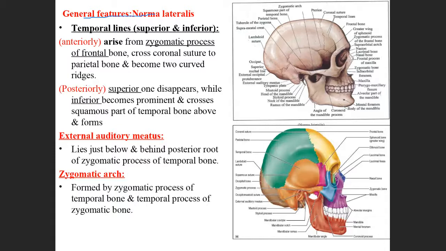Show in the skull in the morgue. See, all these parts you will see in the skull. Each and every part will be seen in the skull. Okay.